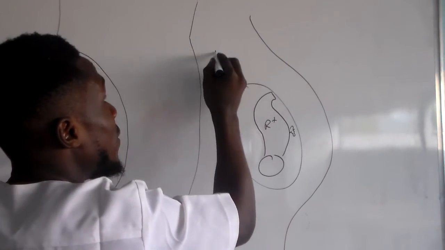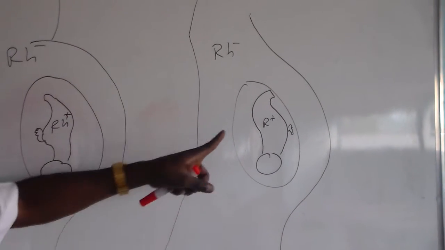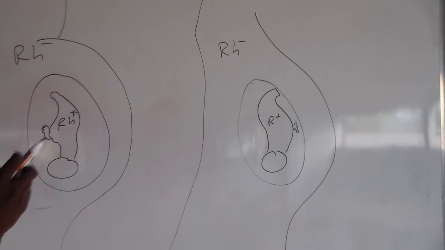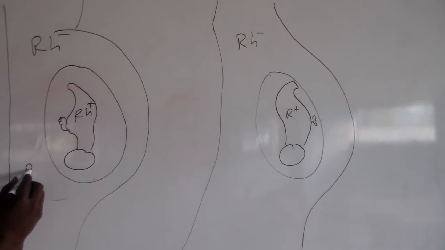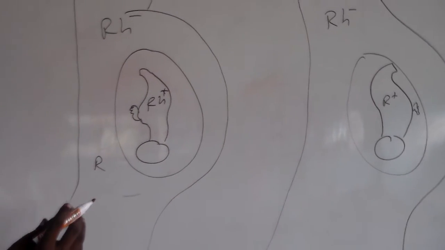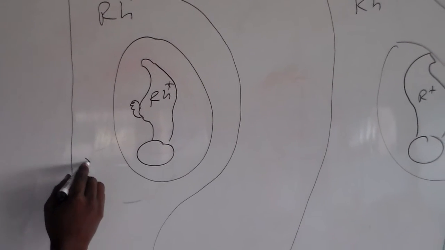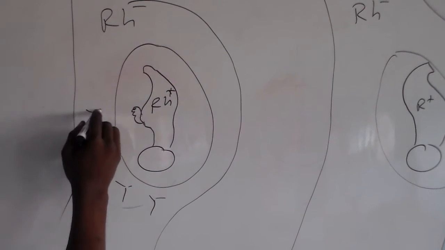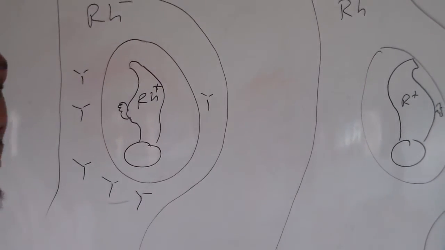Obviously, our mother is a rhesus negative mother. So the fetus is rhesus positive and the mother is still rhesus negative. During the first pregnancy, after delivery, the mother's system will be sensitized to produce the IgG antibodies, the immunoglobulin antibodies. As we have earlier said, they are Y-shaped. Due to the sensitization, these antibodies would now be present in maternal circulation.